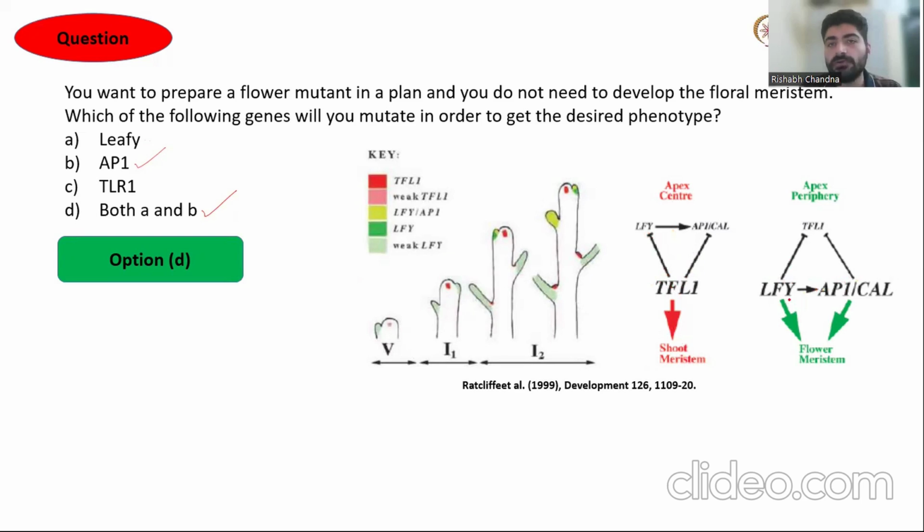So if we want to develop a flower mutant in which the floral meristem is not present, then LEAFY and AP1 can be mutated, and that will help us to develop a flower that does not have a floral meristem.